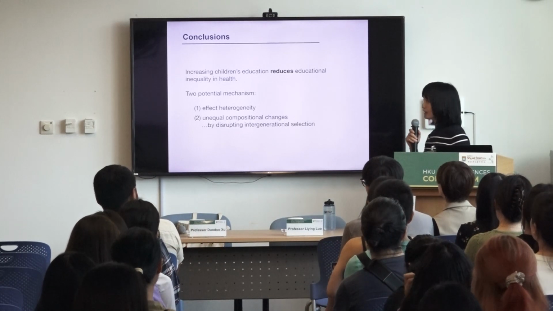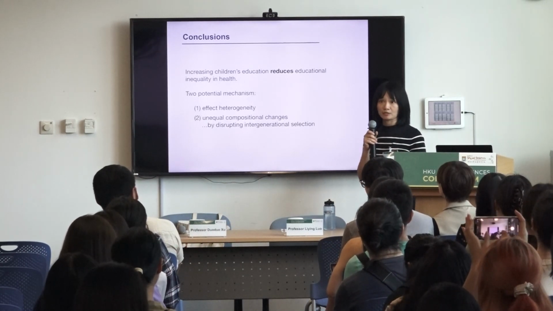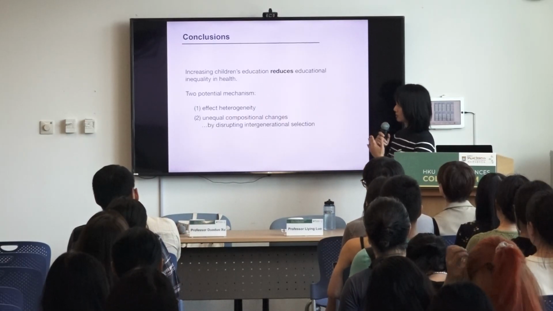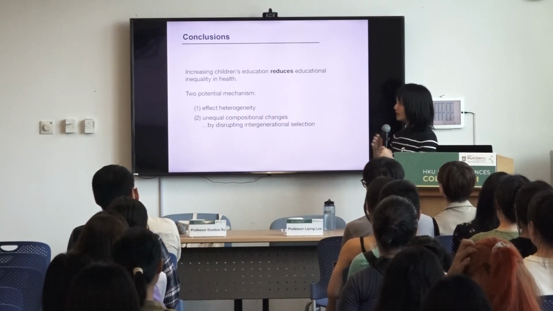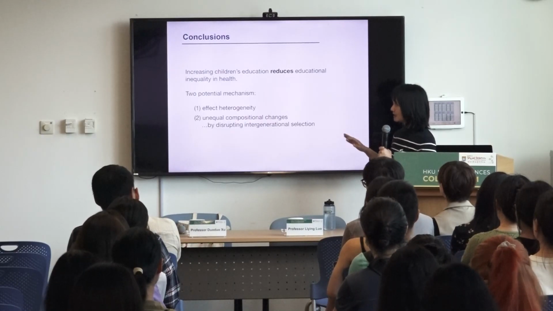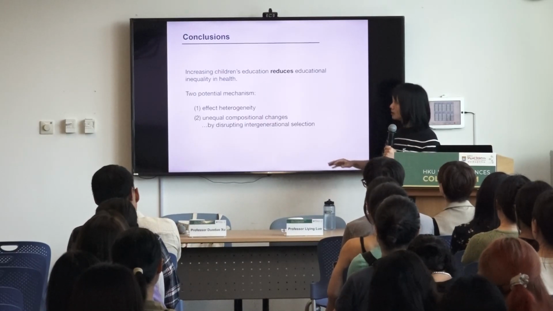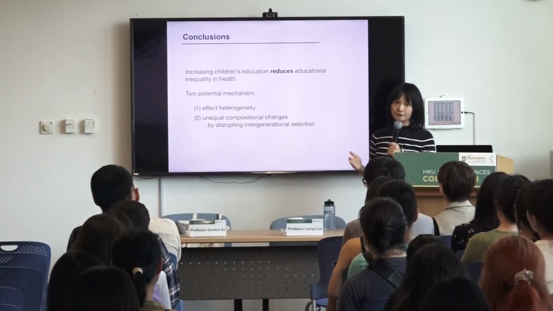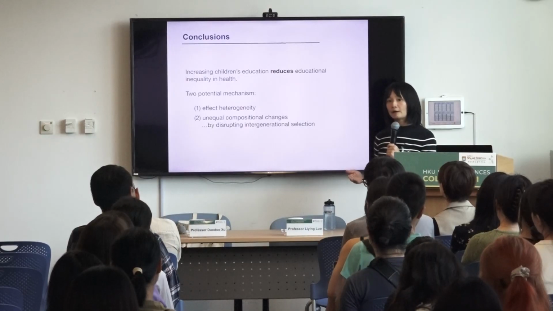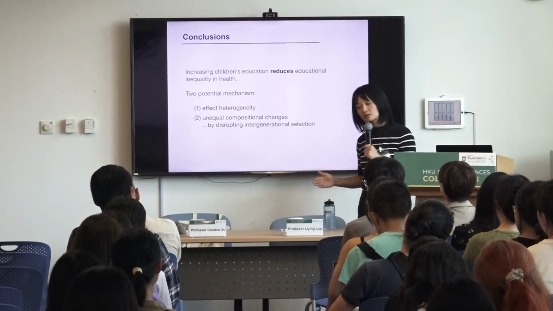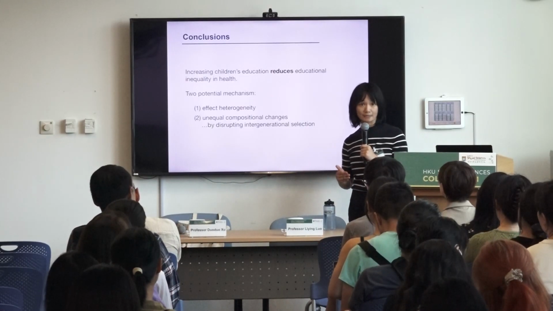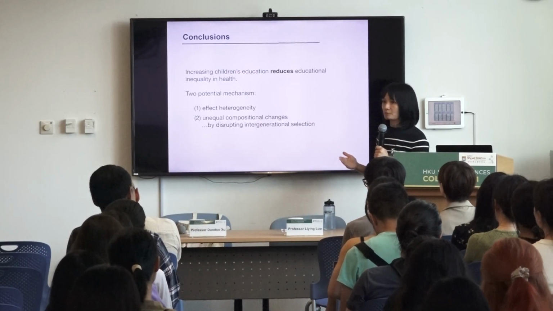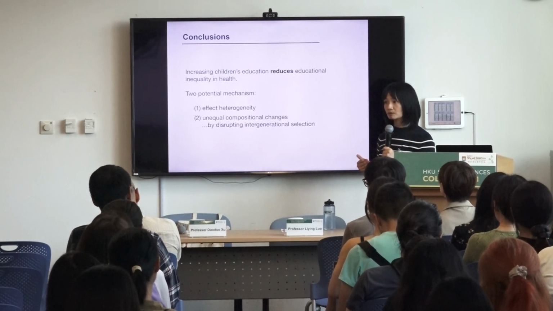What are the potential mechanisms that contribute to this reduction? In additional analysis, we show that there are two potential mechanisms. One is effect heterogeneity, the other is compositional change. By effect heterogeneity, we mean that the health benefits of increasing children's education are more pronounced for the disadvantaged parents group, meaning that the better educated parents themselves are pretty well protected by their own education.